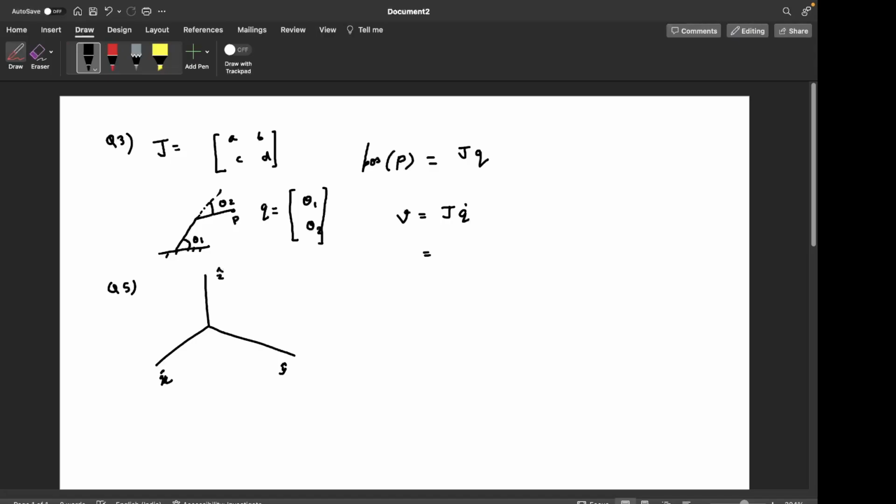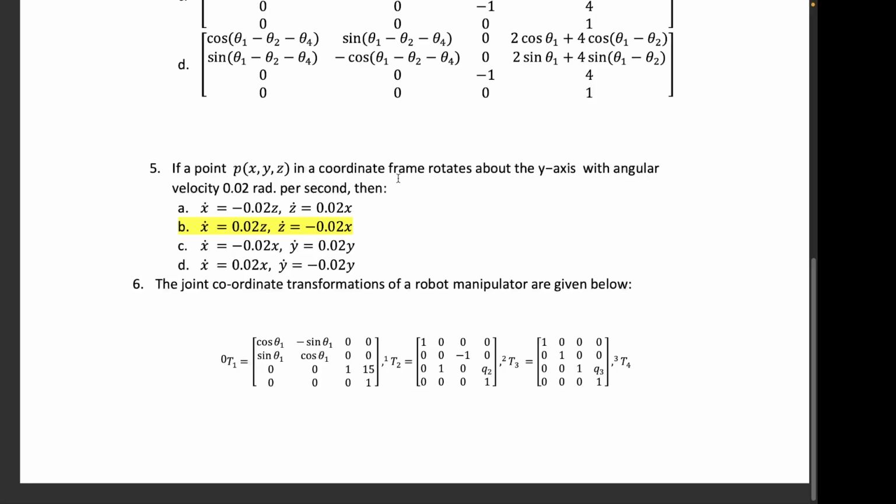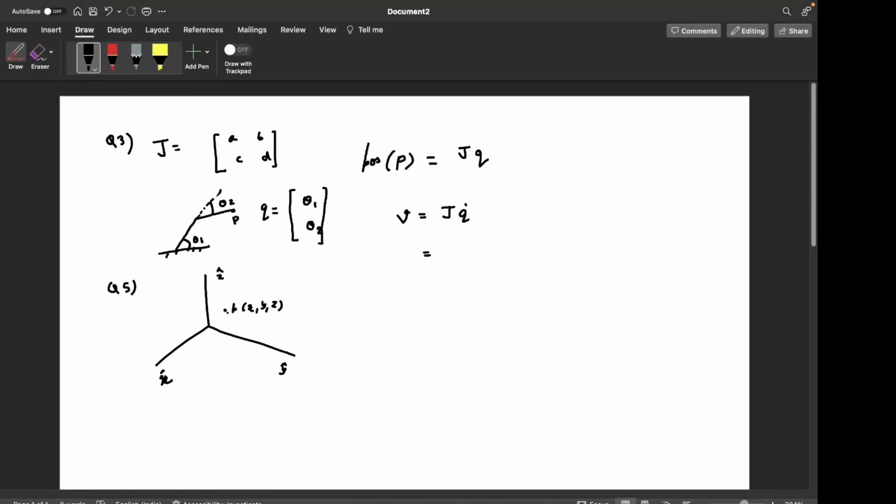What's given is there is a point P here, with coordinates X, Y, Z. And the point P is rotating about the Y-axis. So point P is rotating about the Y-axis.